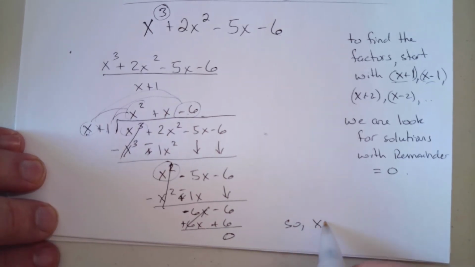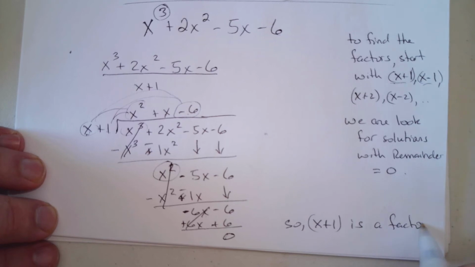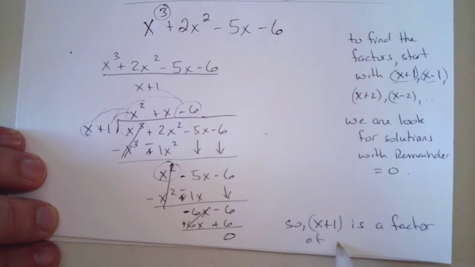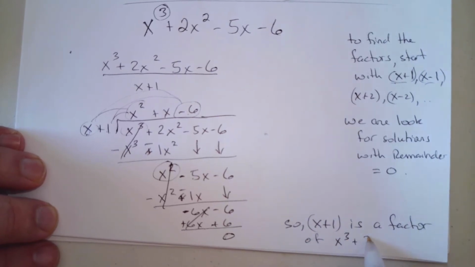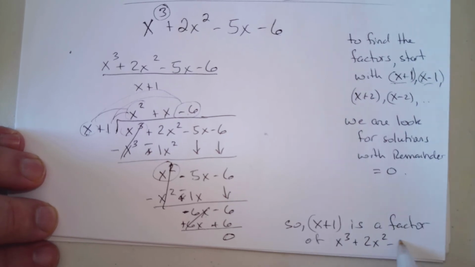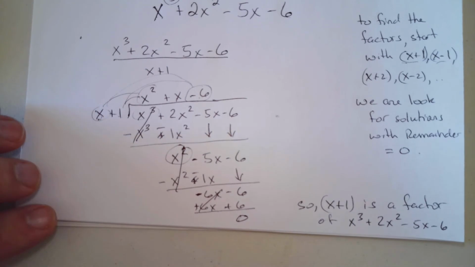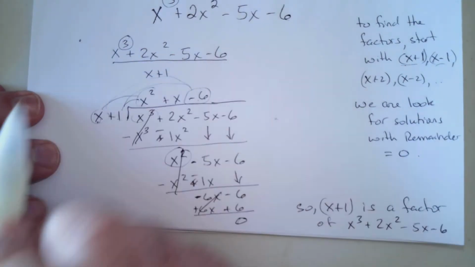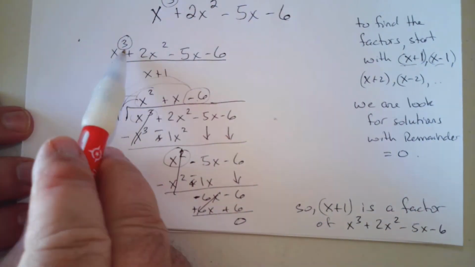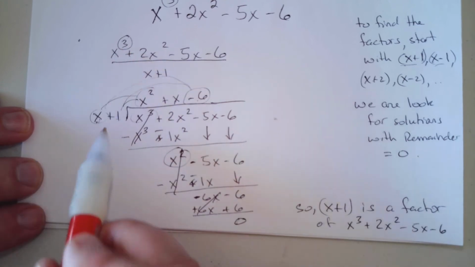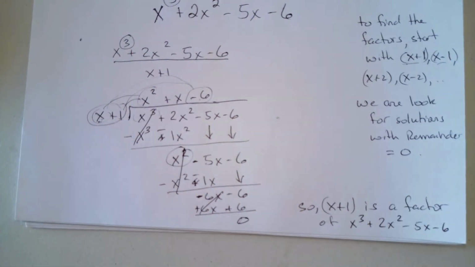So x plus 1 is a factor of x cubed plus 2x squared minus 5x minus 6. Remember, we need 3 factors because it's a third order equation. It's a degree 3. So this is only one of the 3.